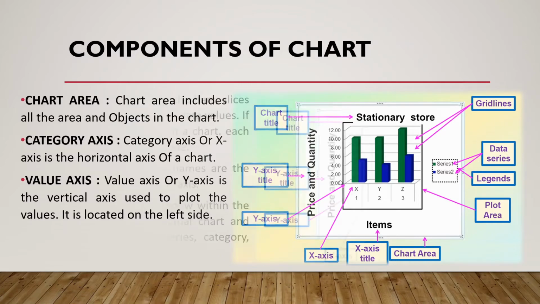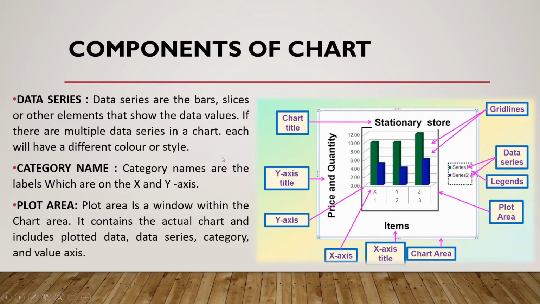Let's continue. Next we have data series. Data series are basically the bars and slices or elements that show the data values, right? Here we specify the different values for data series. If there are multiple data series, each has a different color, right?